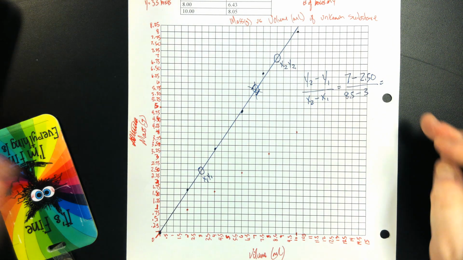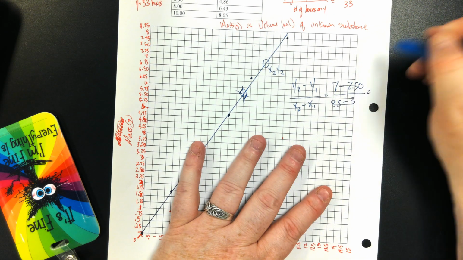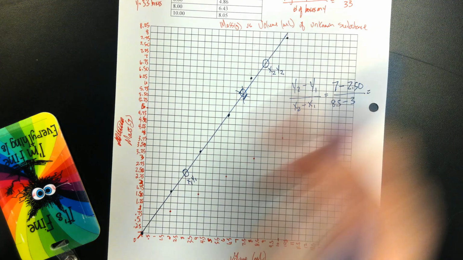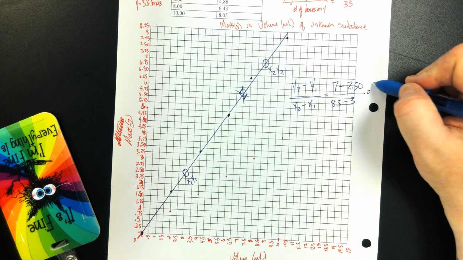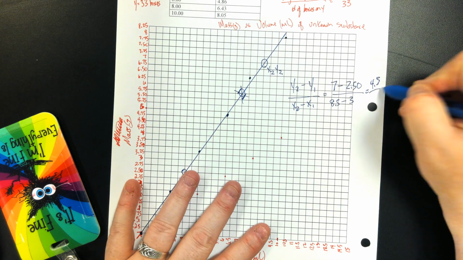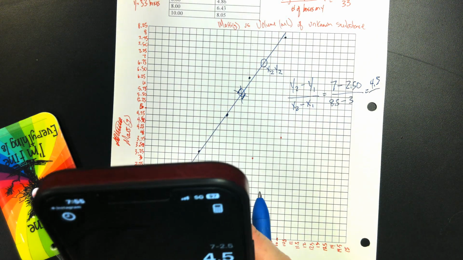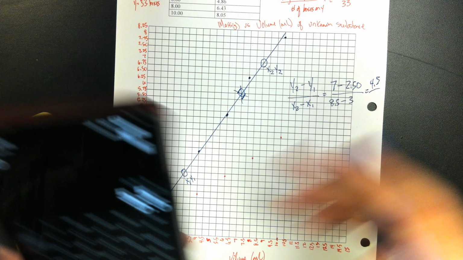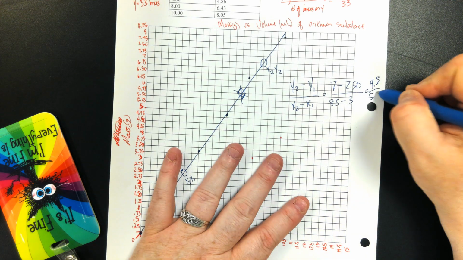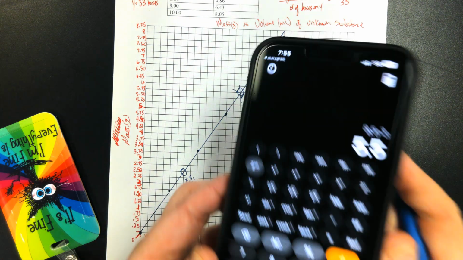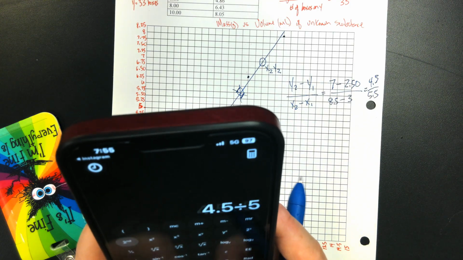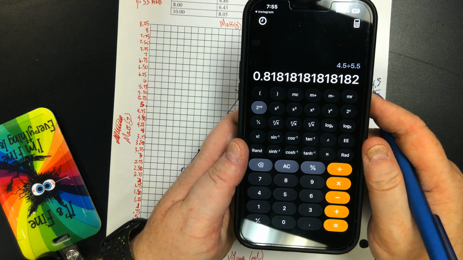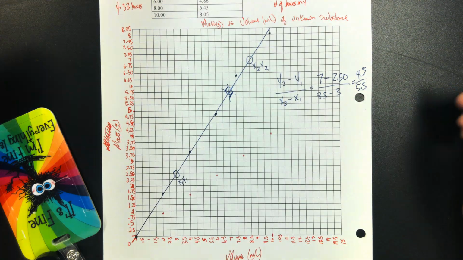All right, so 7 minus 2.5 should be 4.5. Sorry about the bell. And then 8.5 minus 3 is 5.5. And when I divide those two, 4.5 divided by 5.5, I get a slope of 0.8181 repeating.